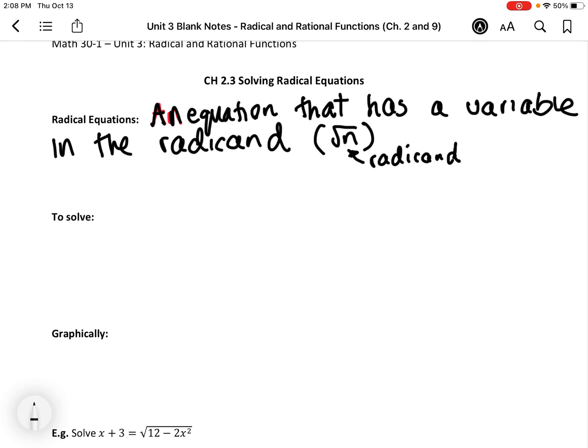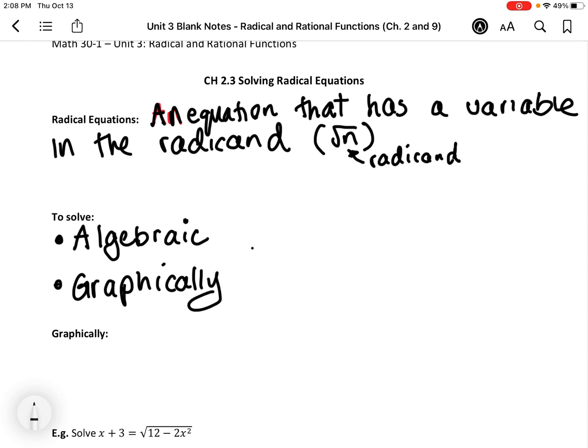Okay, so how do we solve these things? Well, we can solve them algebraically or we can solve them graphically. We're going to talk a lot more about the algebraic piece a little later on. We're going to talk about graphically in a minute.